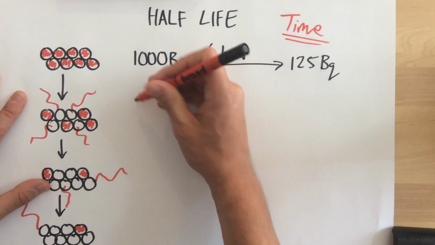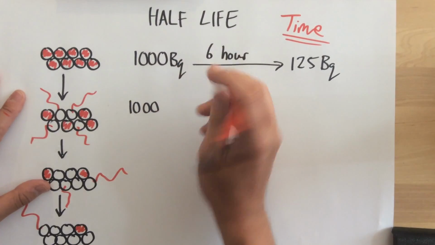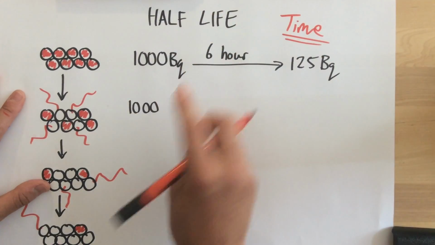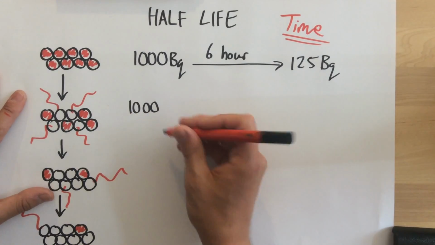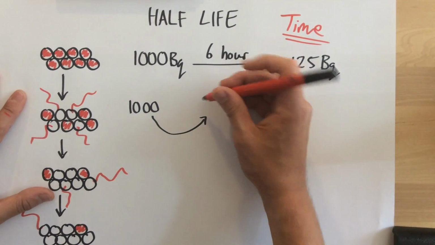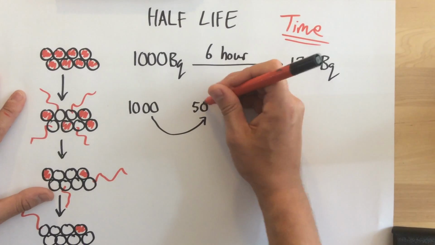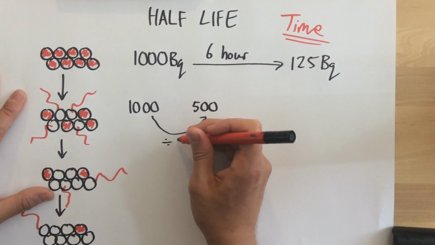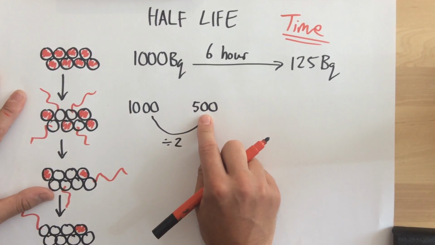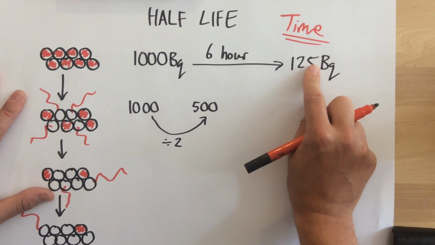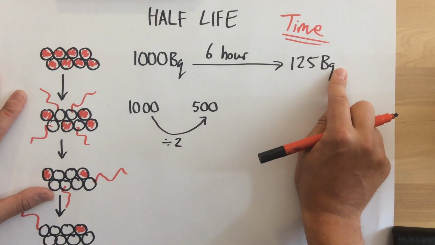So we start off with 1000. This is the amount of radioactivity we detected at the beginning. In order for half of these radioactive nuclei to decay, our next reading would be 500. This shows that half of those radioactive nuclei have decayed. However, this isn't at our desired number quite yet.